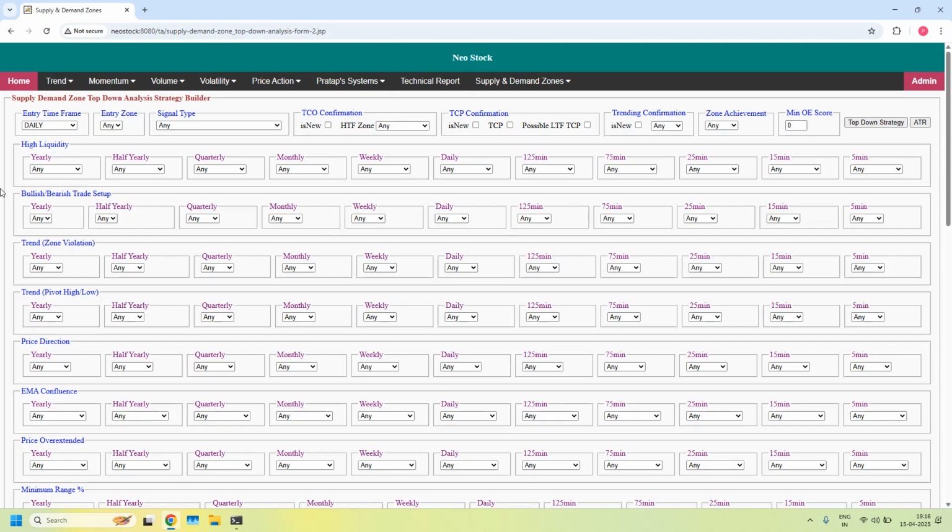First, I'm going to generate finding the stocks near demand and supply zones for all the available time frames, and also we will generate price closed inside the demand and supply zones for daily and above time period. During this process, we will also identify daily and 75 minutes high liquidity zones for making use of the HLQ zone strategy that you learned in lesson 21.3 video.